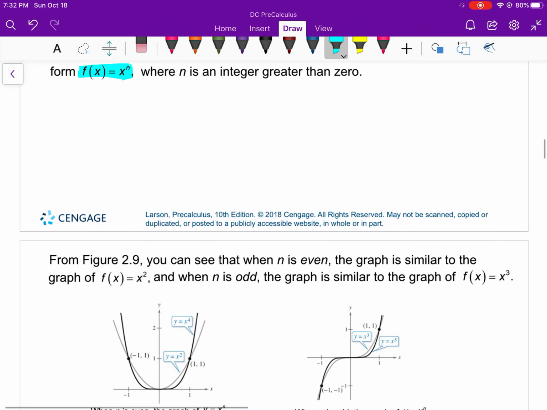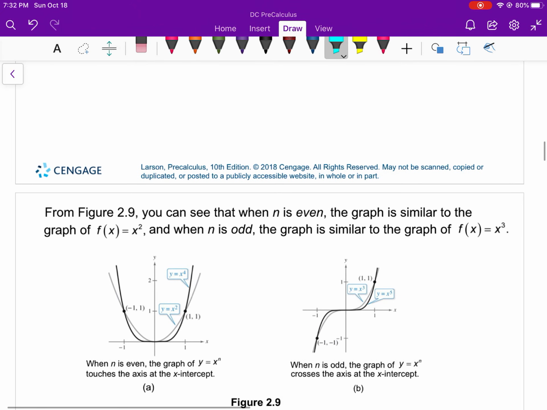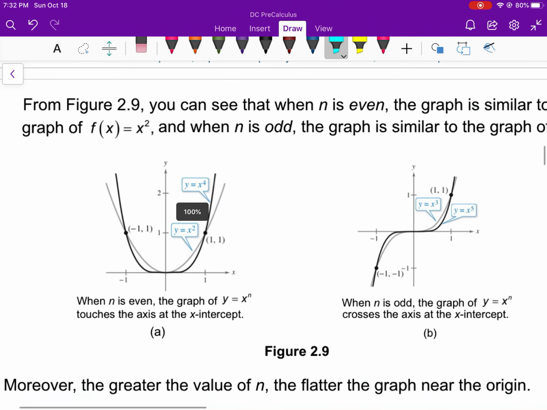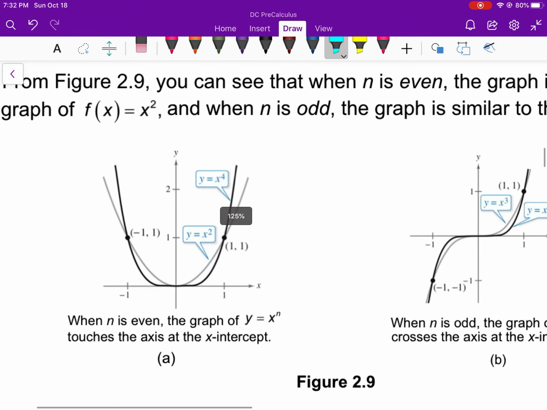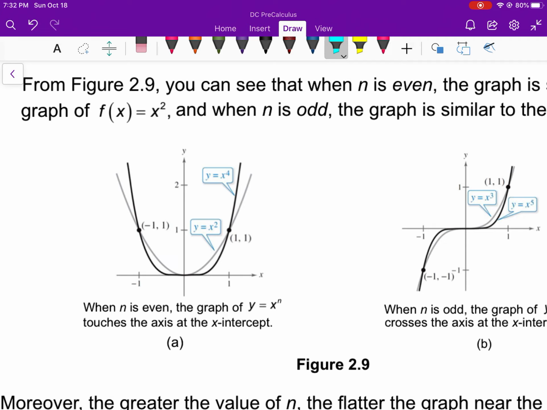And so we'll start here with looking at when that exponent is even. So you see y equals x squared is the light gray function. That's the parent function you guys know from our second unit. You'll see that x to the fourth has the same general shape.